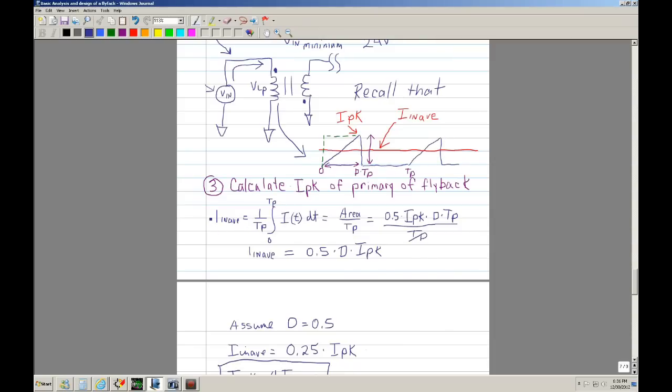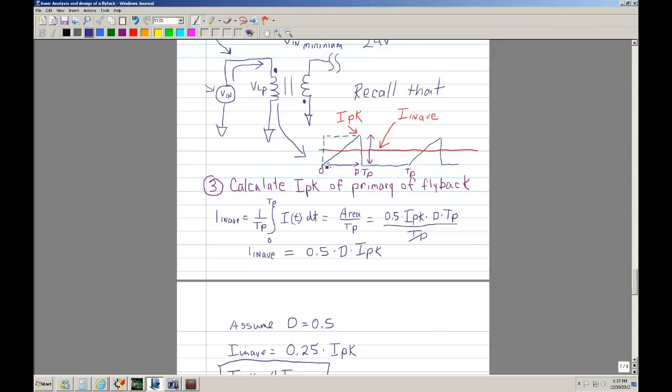I in average is 1 divided by the time period times the integral of the current during this time, which means you're looking for the area.